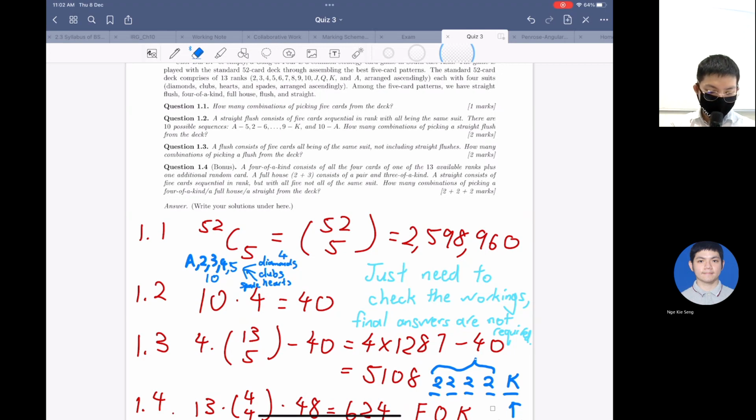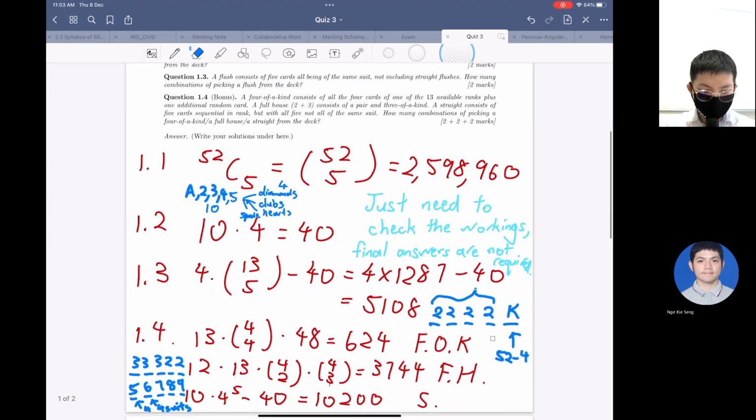If you compute the right number but didn't subtract 40, I'll give you half mark. And if you compute the wrong flush but subtract the right 1.2, I'll also give you half mark, because you know how to take away things. Next is 1.4.